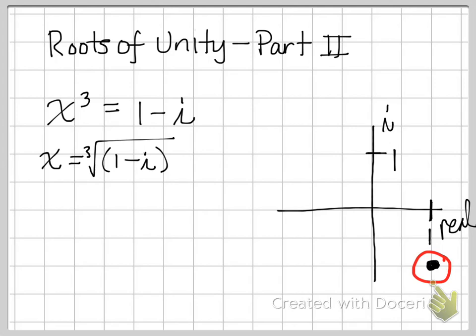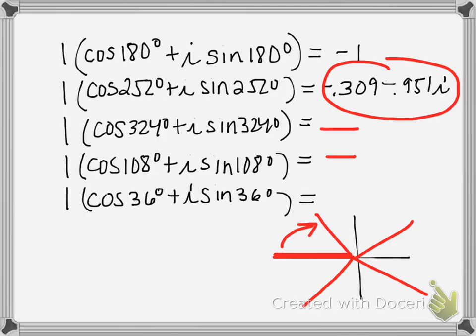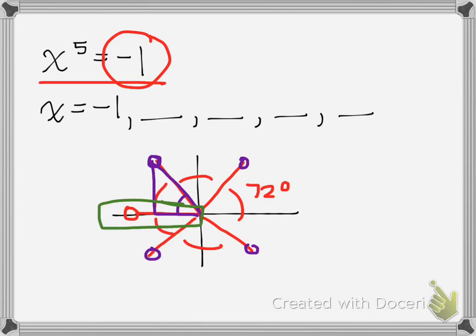Now that might seem unmanageable, and it is. The question I need to answer here is what multiplied by itself 3 times is equal to 1 minus i. Well, I don't have that off the top of my head the way I did here. What multiplied by itself 5 times is -1? And I had that. I could do that, -1.